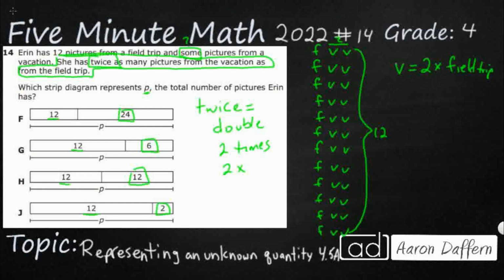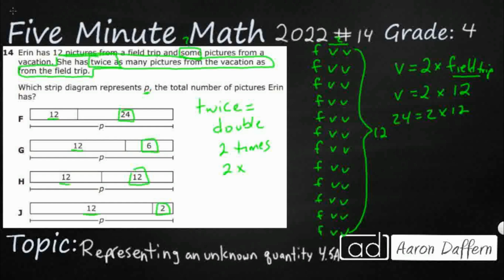Well, they tell us that the field trip is 12. So we could have said vacation equals 2 times, and then I'm just going to replace this field trip with 12 since they give that to us. And so what is 2 times 12? Well, that's going to be 24. So we could have done it with an equation. We could have done it with a picture.